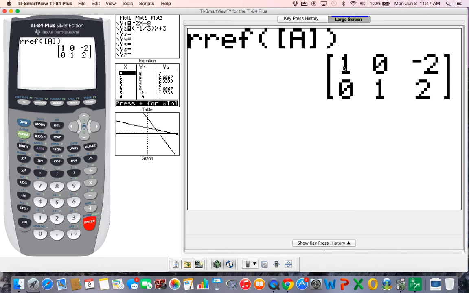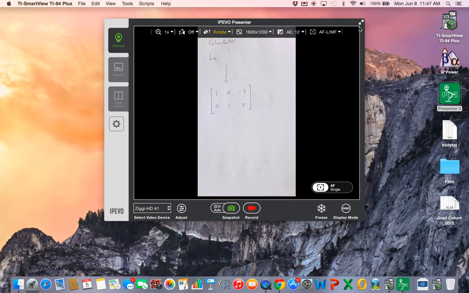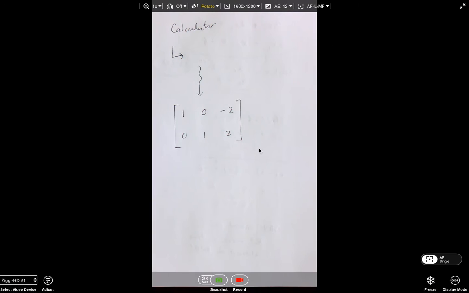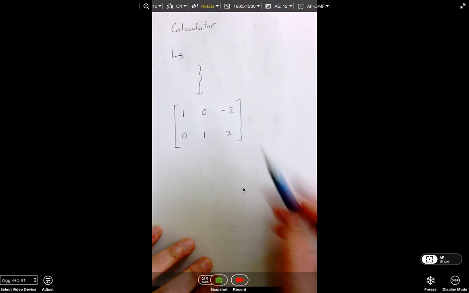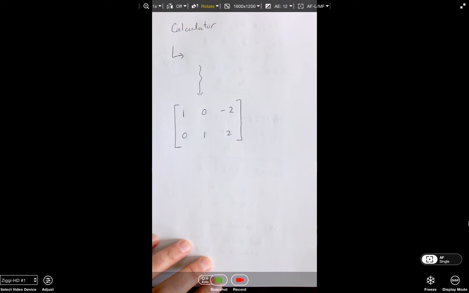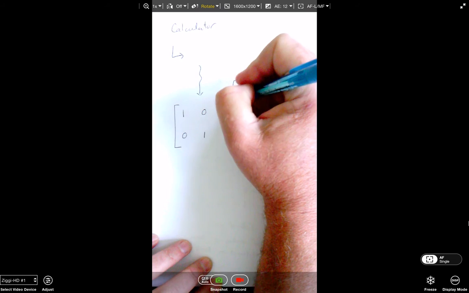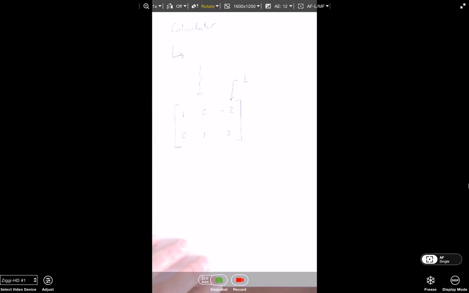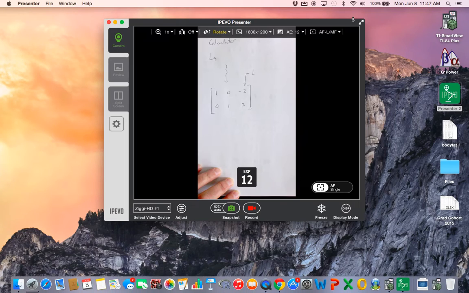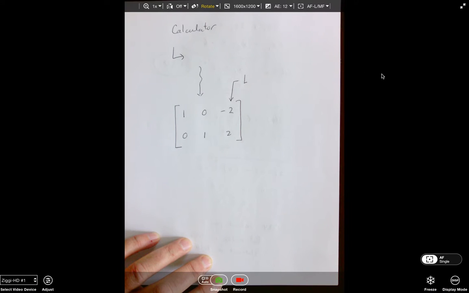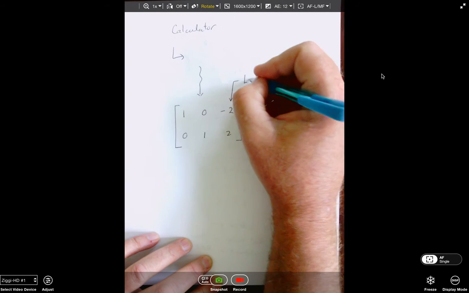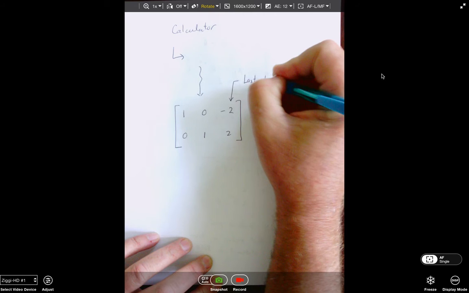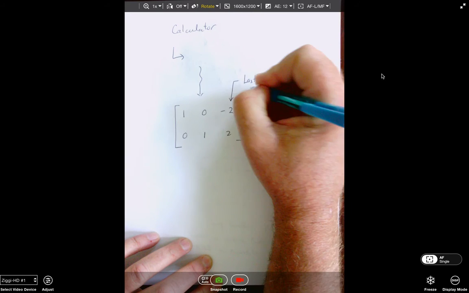Now let me explain to you. I wrote that down. Let me go over here and explain to you what that's telling us. That's telling us first and foremost, it's the solution. So whatever is in that last column, the last column is the solution.